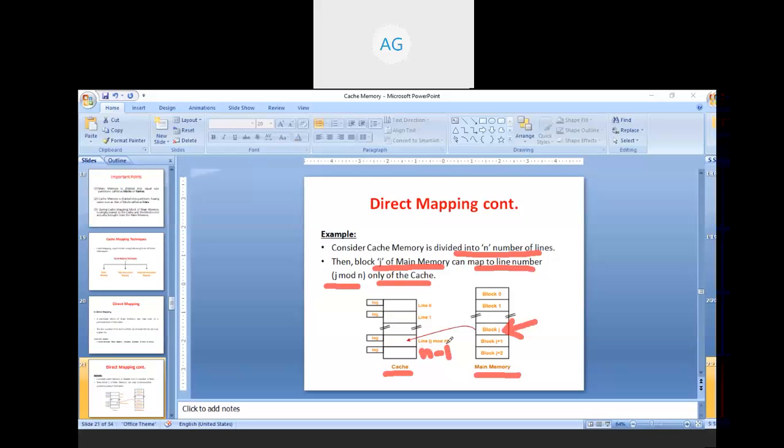The line number is given by the formula we discussed in our previous slide, J mod n. Only this line number of the cache memory is mapped with block J of the main memory, and no other line is mapped here. That's why this type of mapping technique is known as the direct mapping technique.